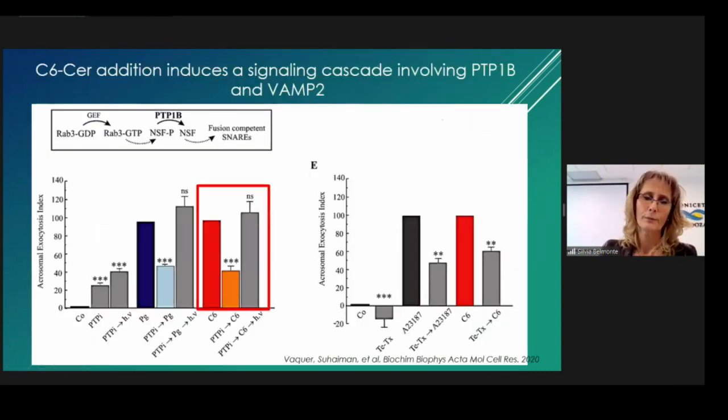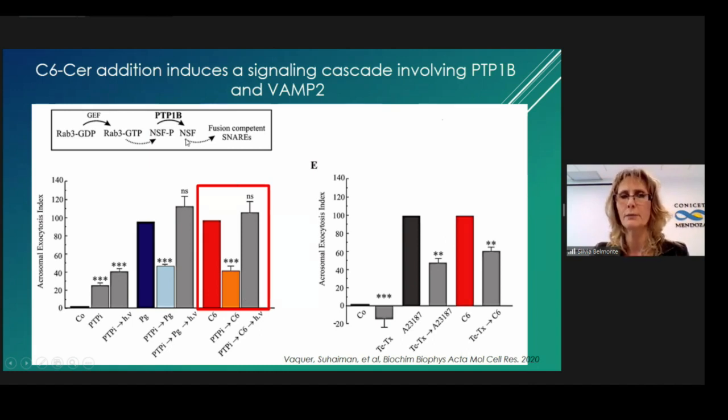¿Qué pasó? Utilizamos un inhibidor fotosensible de la fosfatasa PTP1B. Al ponerle el inhibidor, la progesterona no fue capaz de disparar la exocitosis, pero cuando iluminamos con luz ultravioleta se perdió la inhibición de la fosfatasa y pudo revertirse la exocitosis. Lo mismo ocurrió con la ceramida.